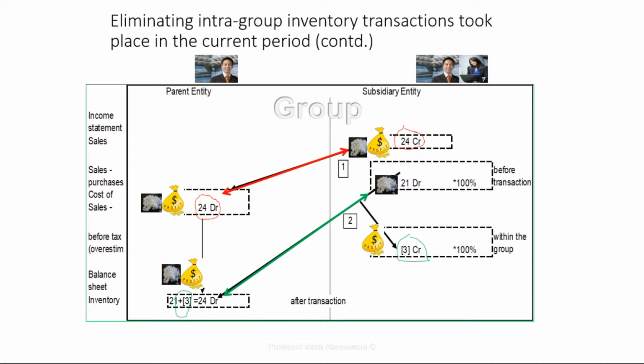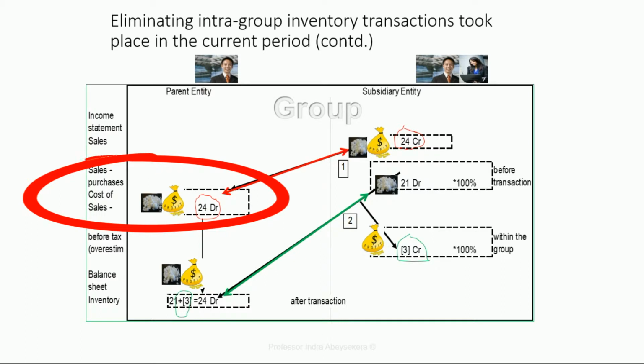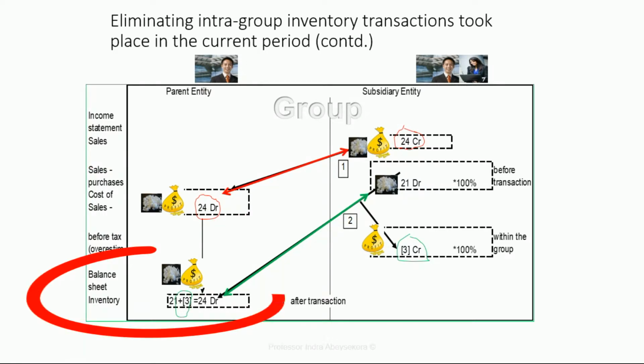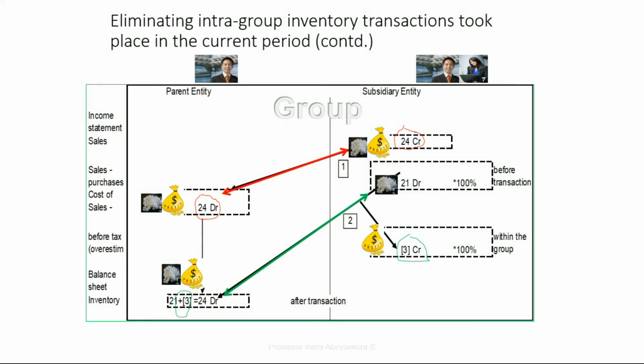This 24 million of sale became purchases under cost of sales in the parent entity and at the year end, because it was unsold, became inventory and was transferred to the balance sheet.